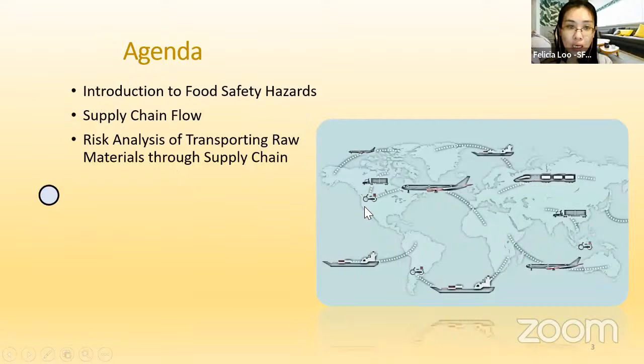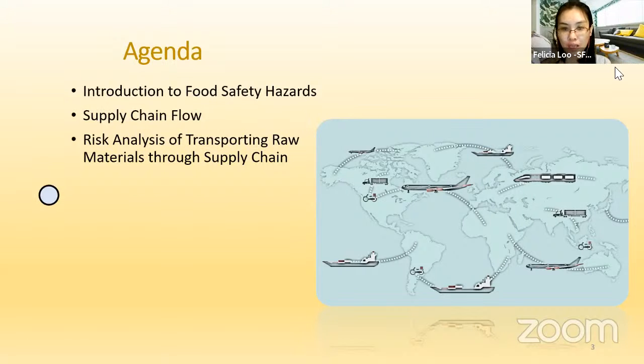Awesome. So the agenda today would be mostly looking at the introductions to food safety hazards. It's very important to know the hazard before we even go to our supply chain flow. And then Hans will share a little bit on the risk analysis for transporting the materials throughout the supply chain.